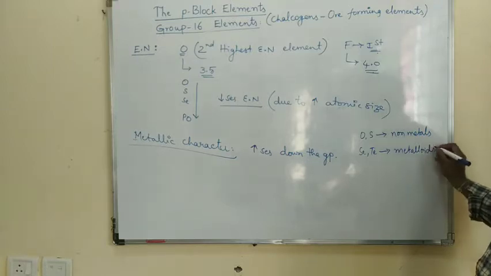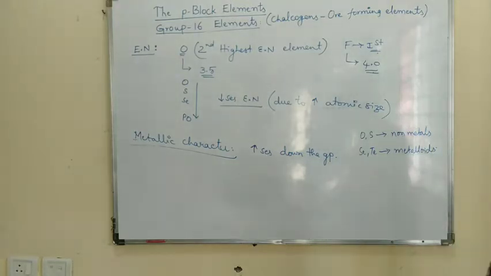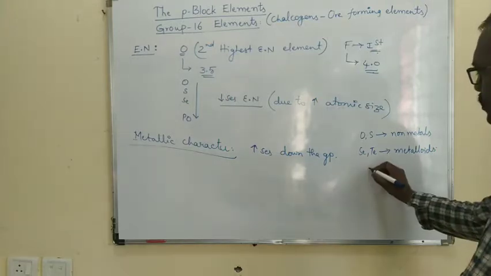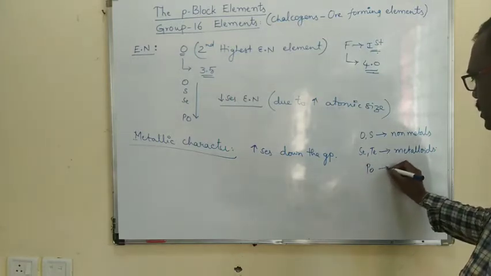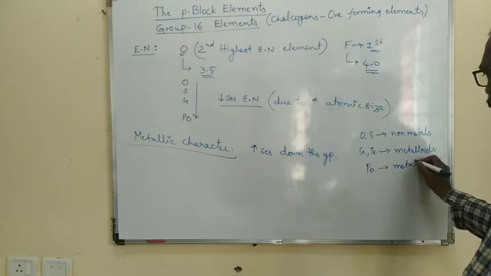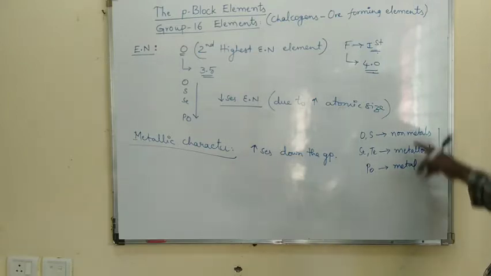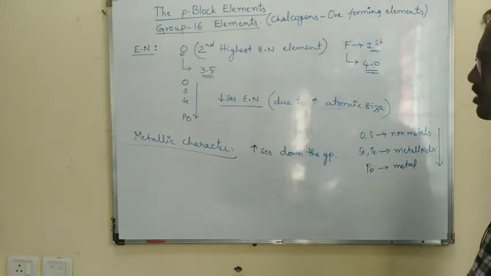Selenium and tellurium are metalloids, right? Polonium you can consider as a metal. So the metallic nature increases, right?